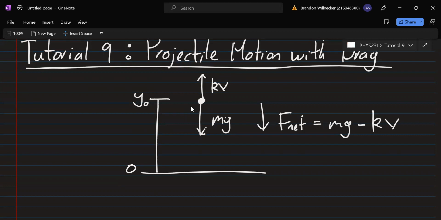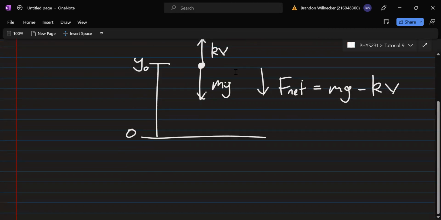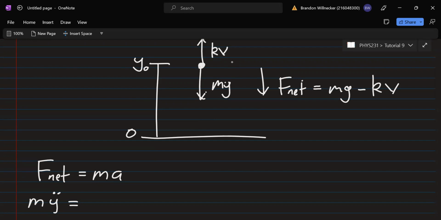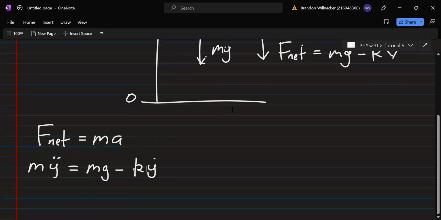Okay, so the first thing we need to do is find the equations of motion so that we can then solve them. We've got our F net there, so we can use Newton's second law. F net is equal to ma, so m y double dot is equal to mg minus k y dot. Here y dot is the velocity, of course.